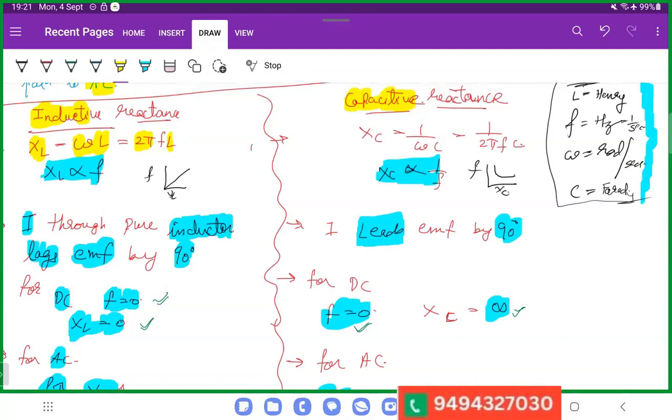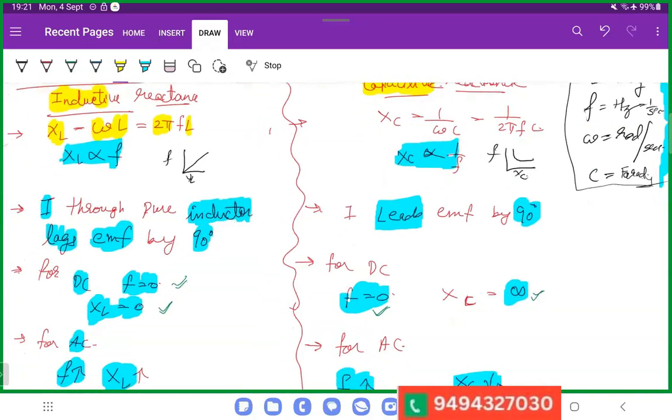Resistance offered by an inductor is called inductive reactance, that is XL. And resistance offered by a capacitive circuit is called capacitive reactance.